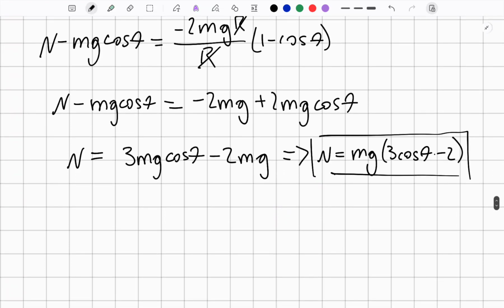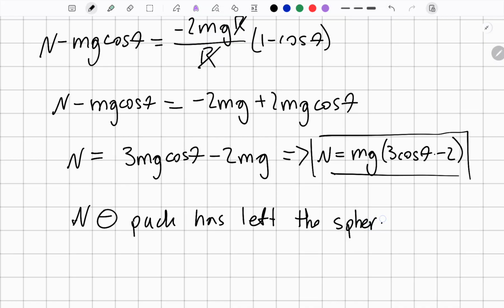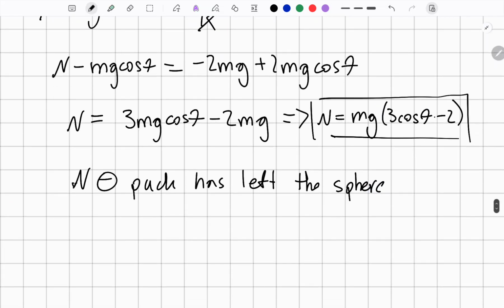So we know that when the normal force is negative, the puck has left the sphere. So to find the point at which that happens, we can find where the normal force is zero.